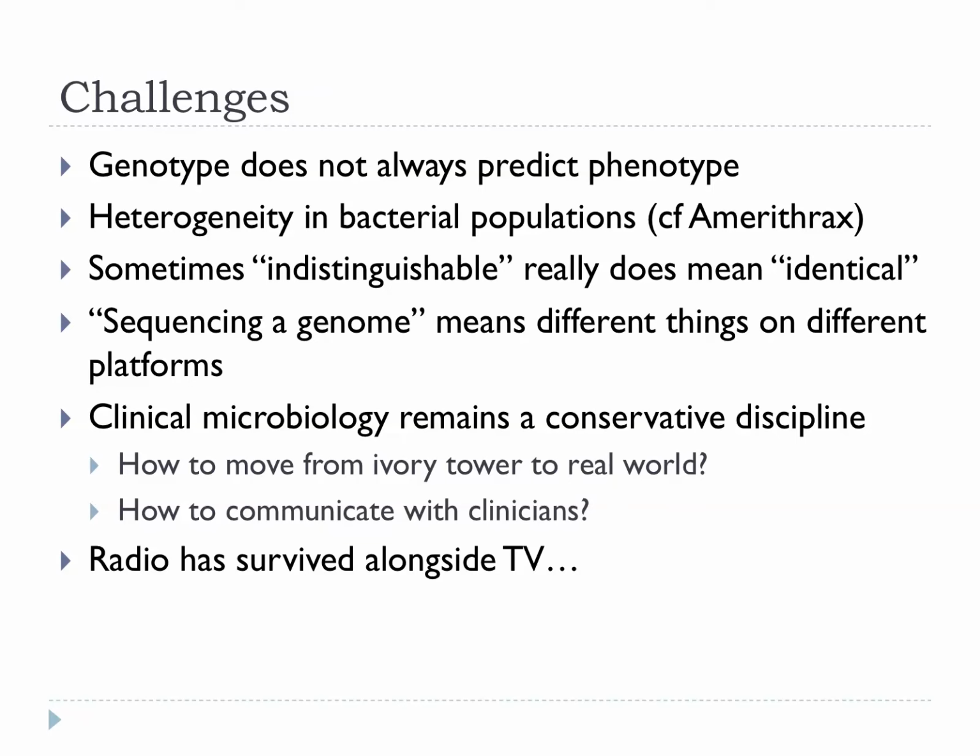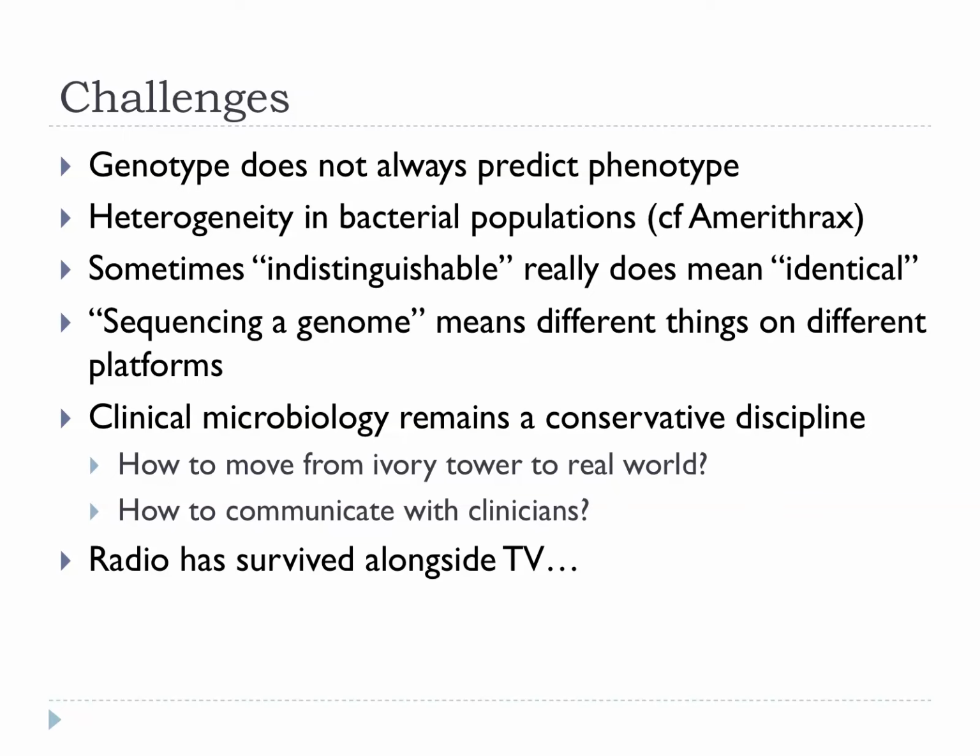The other problem is this heterogeneity in bacterial populations, and we really have to get to grips with that and work out what it means, both in terms of understanding the epidemiology and understanding biology. And in fact, the heterogeneity was actually the key to the Amerithrax investigation. What they did there was when they plated out, they saw colony variants at very low numbers, less than 1 in 50.